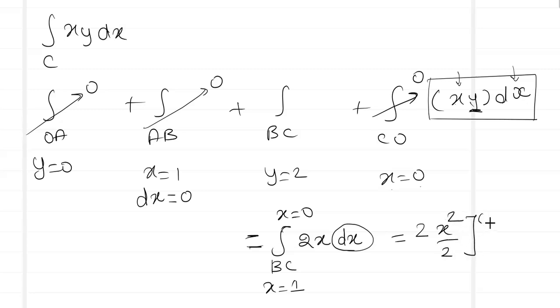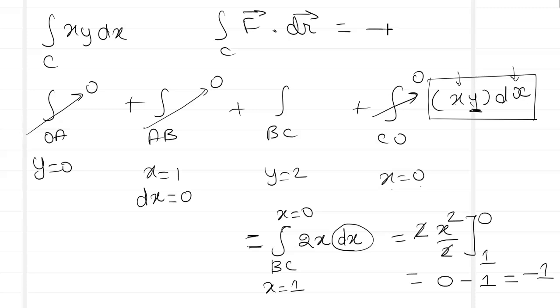The limits are 1 to 0, so 2 and 2 cancel off. Apply the upper limit 0, and the lower limit 1. So the total value is minus 1. So the integral over C of f vector dot dr vector is equal to minus 1.